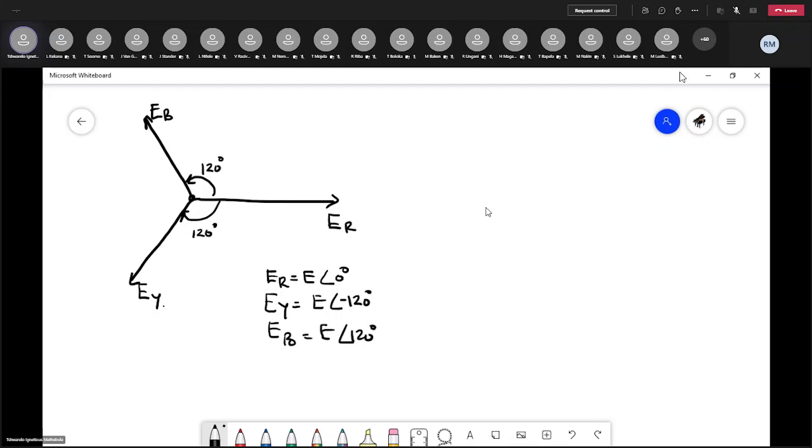Now, once I have this sequence, I'll say this is a positive sequence. This positive sequence is also represented as red, yellow, blue.